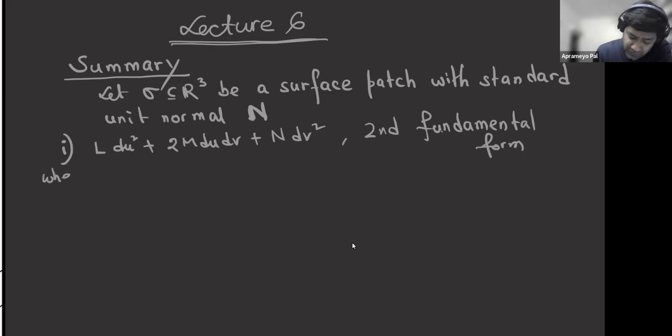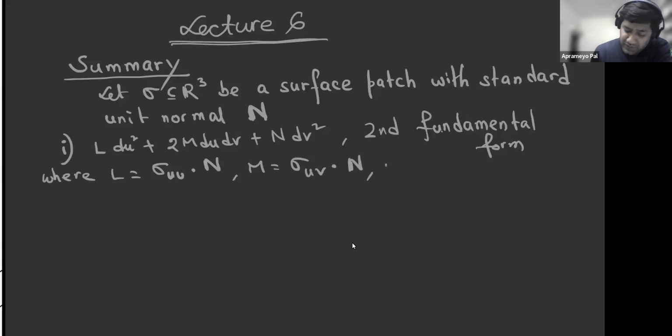Where L was sigma uu dot n, m was sigma uv dot n, and n was sigma vv dot n. As we have seen, this was a measure of how the surface was curving at some point, or in other words, it was measuring the curvature of the surface.